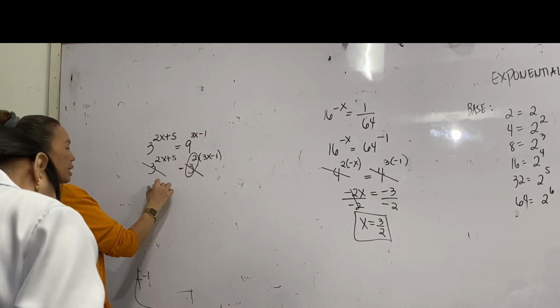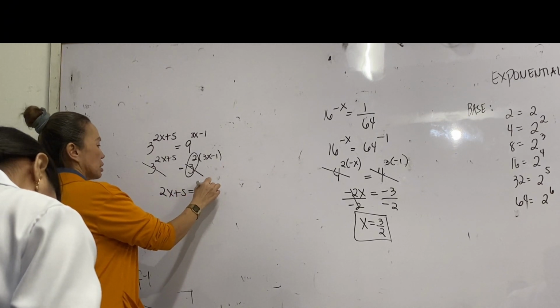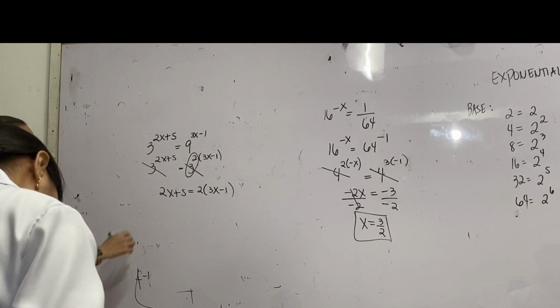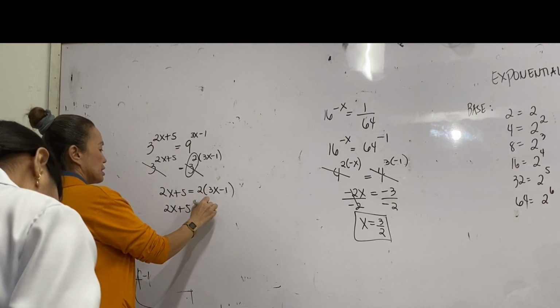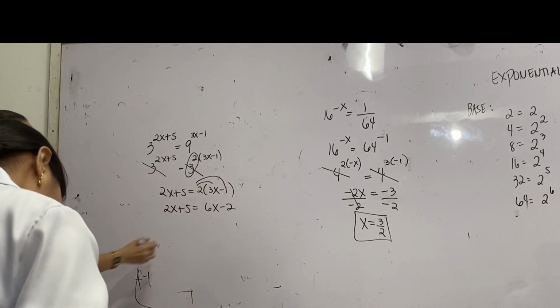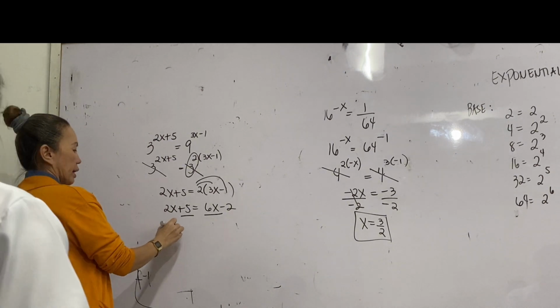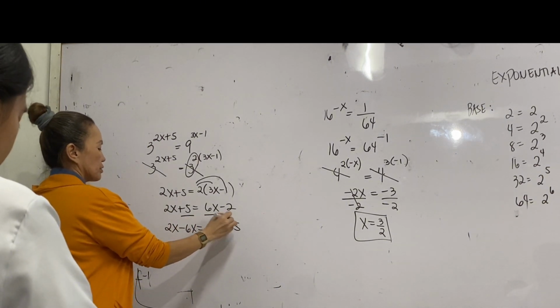Bali mangyayari, 2x plus 5, 2 times 3x minus 1. Then we have 2x plus 5, 6x minus 2. Ayan po. Then, lipat. So, we have 2x minus 6x, negative 2 minus 5.